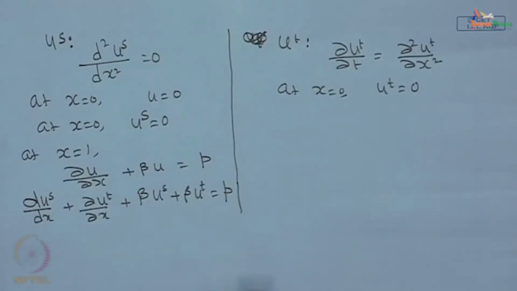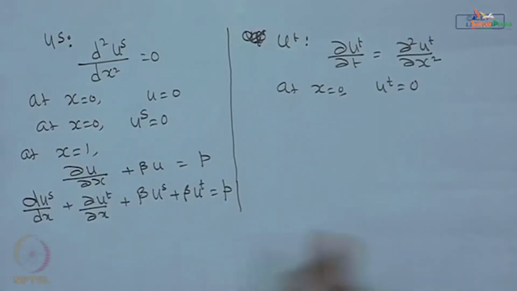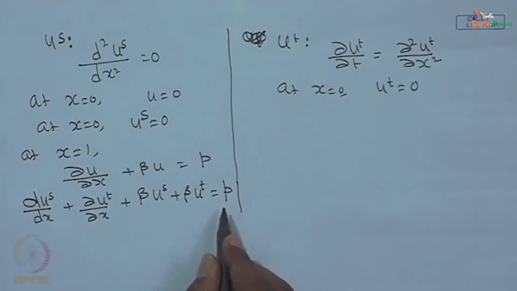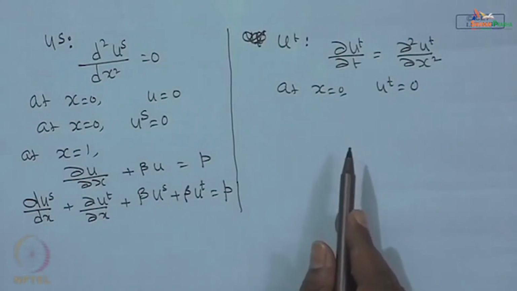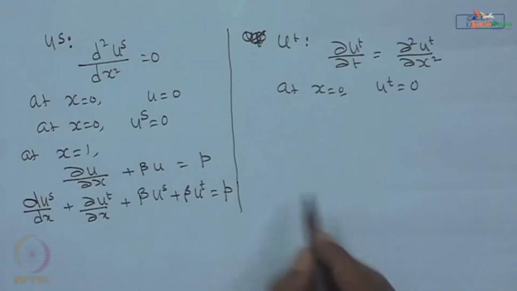Therefore, we collect the similar terms and associate the non-homogeneous term with the steady state solution, so that the transient problem will have a homogeneous boundary condition.